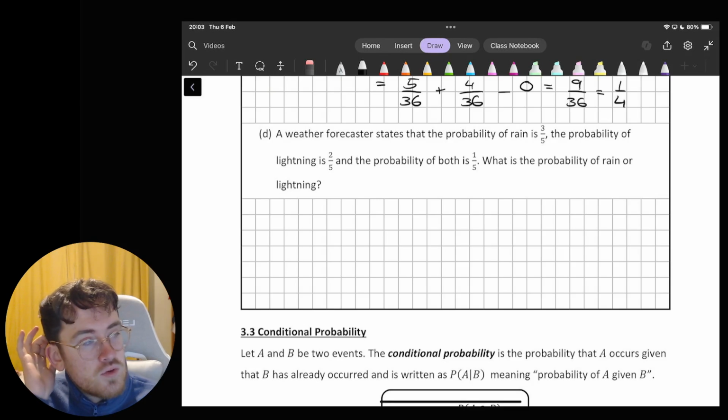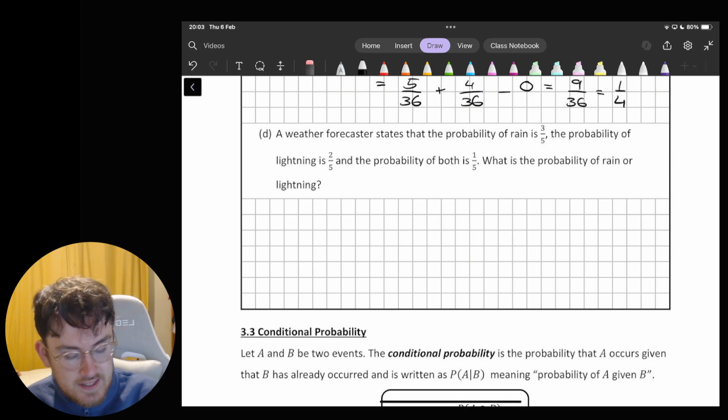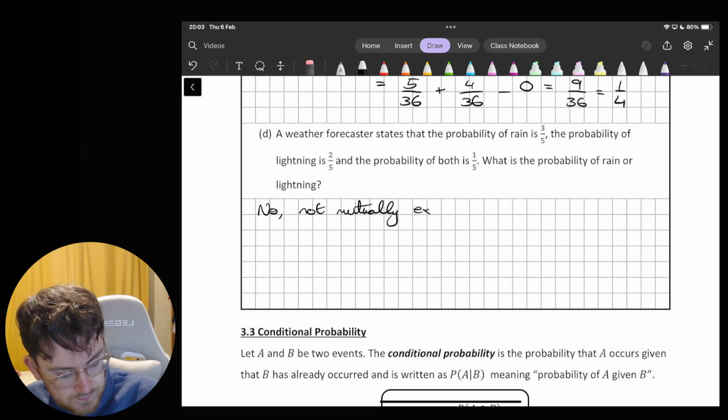A weather forecaster states that the probability of rain is 3/5, the probability of lightning is 2/5, and the probability of both is 1/5. What is the probability of rain or lightning? Okay, so we need to have a think then, are these mutually exclusive? Can it rain and have lightning? It can, so they're not mutually exclusive. Okay, we're asked the probability of rain or lightning.